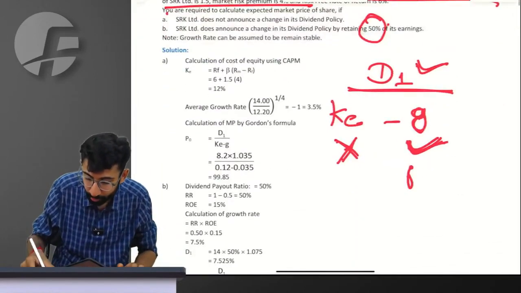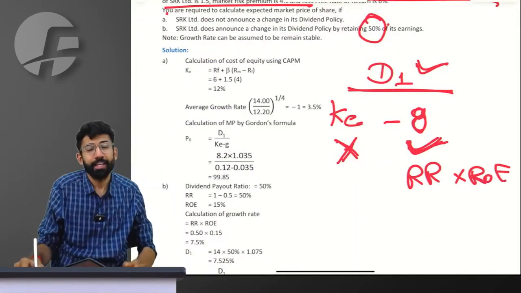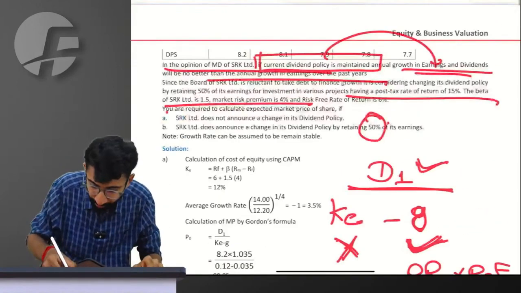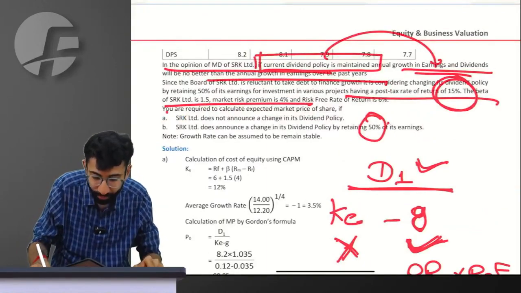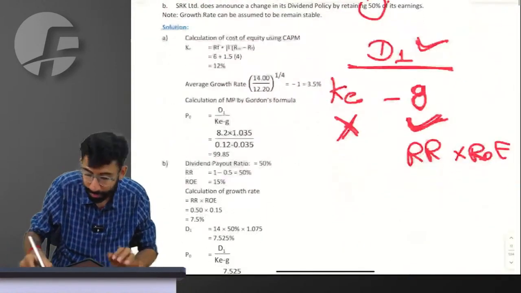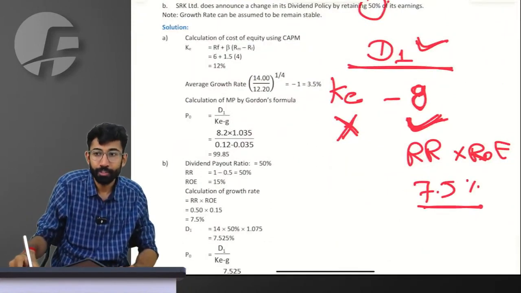What will be the new growth rate? Retention ratio into ROE. There are only two ways to calculate growth, and they have given the hint of ROE as well. So 50% is the retention ratio, 15% is the ROE, 50% into 15% is a 7.5% growth rate.